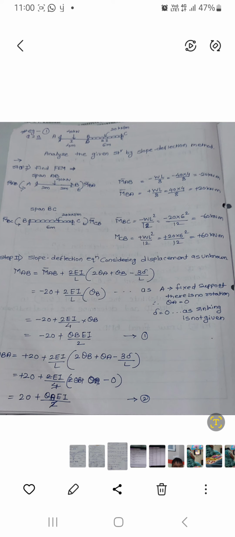Now for the second span, that is BC. Again, we have to assume that both the ends are fixed ends, and then calculate the fixed end moments for the BC span, that is M bar BC and M bar CB.